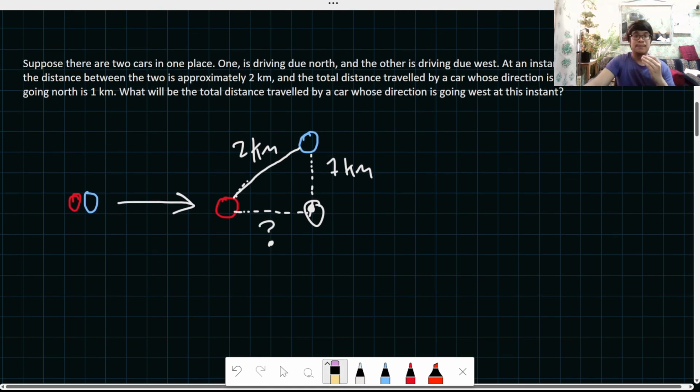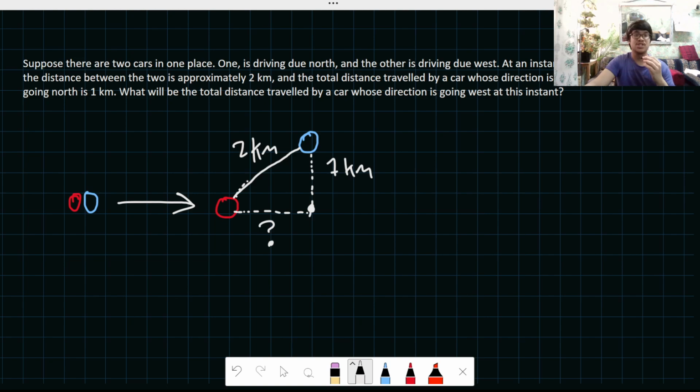So here we can apply Pythagorean theorem. Why? Does this look like a triangle? Yes. But is this triangle a right triangle? The answer is yes. How would I know that this is a right triangle? Because if we have a side that is going in a vertical direction and the other side is going in the horizontal direction, we can say that these two sides are perpendicular.